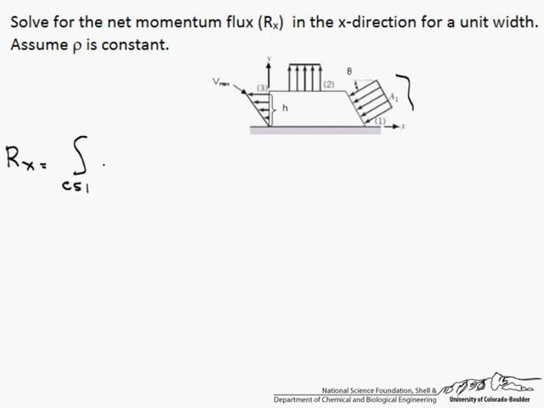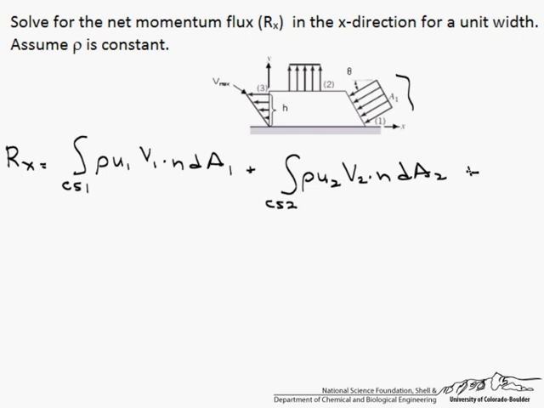Control surface 1, rho u1 v1 dot n dA1, plus over control surface 2, rho u2 v2 dot n dA2, plus over control surface 3, rho u3 v3 dot n dA3.